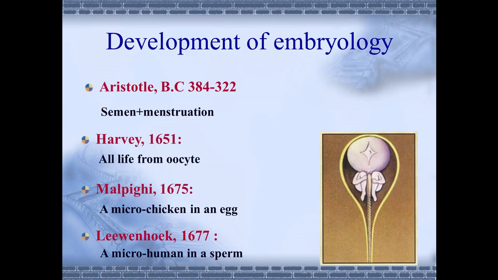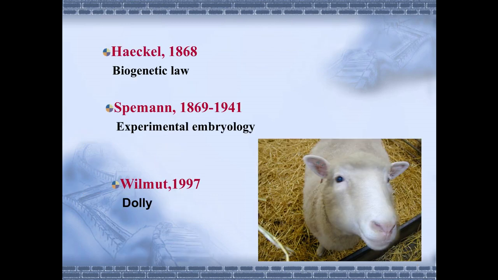These are certain names like Aristotle, Harvey, Malpighi, Leeuwenhoek. They postulated certain concepts, and they have given us the information how the formation of a new individual takes place. Leeuwenhoek even described a micro-human in a sperm. Haeckel gave the biogenetic law. Spemann gave the concept of experimental embryology.